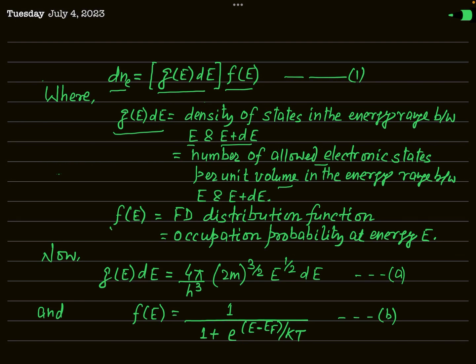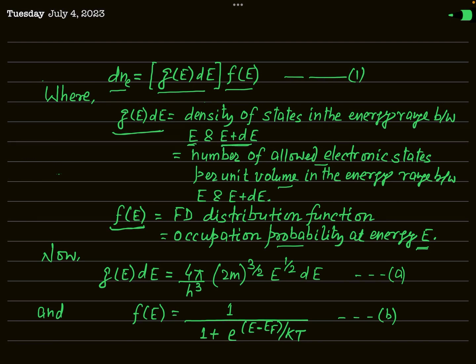And what is this F of E? This is the well-known Fermi-Dirac distribution function. And what does it mean? Actually, the Fermi-Dirac distribution function is also known as occupation probability at energy E. It means this measures the probability that an electron will be found in the energy state E. And when you multiply this occupation probability by the density of states, then you get the number of electrons or number of fermions in this energy range between E and E plus dE.